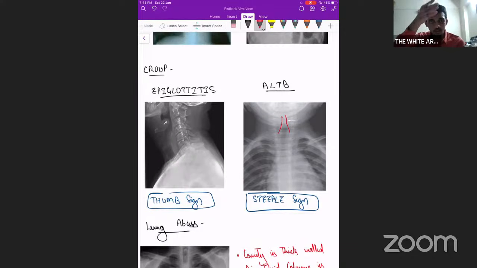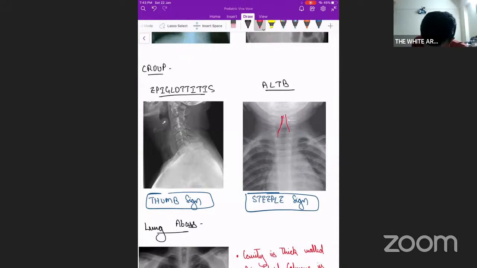Since these parts are involved, and the narrowest part of the infant's airway is the subglottic region, the subglottic region will easily get narrowed down, correct? So that is why you get the steeple sign. And in epiglottitis, as the epiglottis is thickened, you get the characteristic thumb sign of epiglottitis.